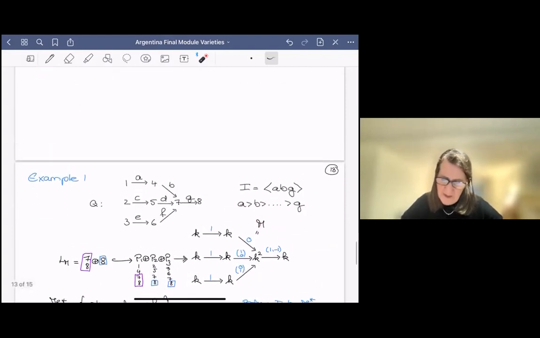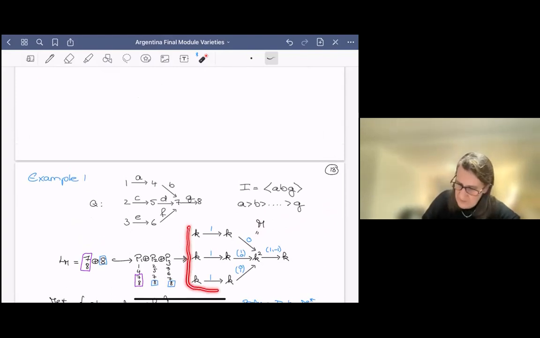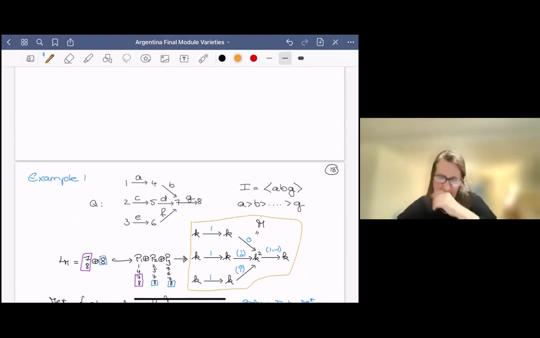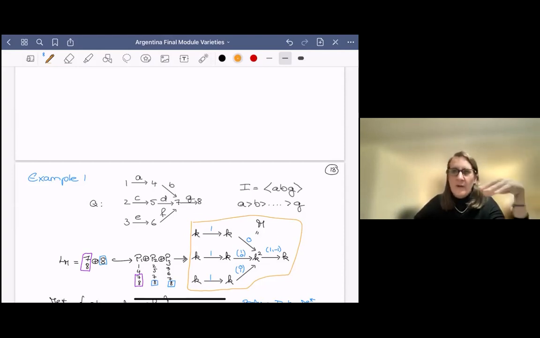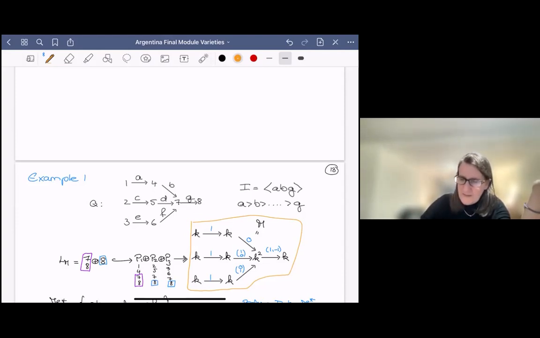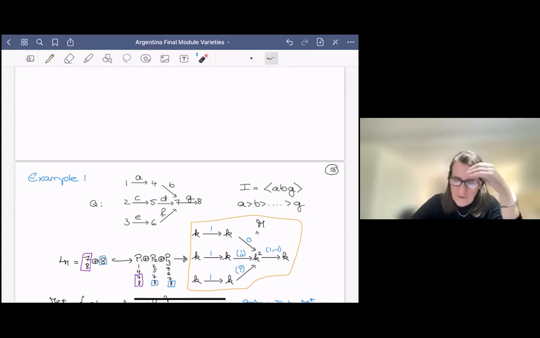And the module I choose is the following. So this is the module M. Maybe I should put it in a color so it's a bit easier to see. So here's my module M, and I give it by a representation. If you have an algebra given by a path algebra modulo relations, then there's an equivalence between the category of modules and the category of representations, where you replace each vertex of the algebra by a vector space, and each arrow by a linear map.